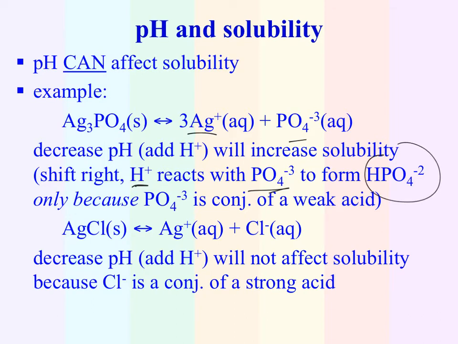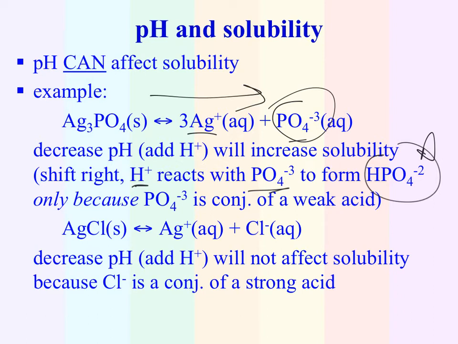This happens because PO4 3 minus is the conjugate of a weak acid, so it behaves as a base in solution. When we add H plus, it's going to interact with it and produce this new ion, which is the equivalent of pulling phosphate out of solution. As we pull that out, we shift the equilibrium to the right and increase our solubility.